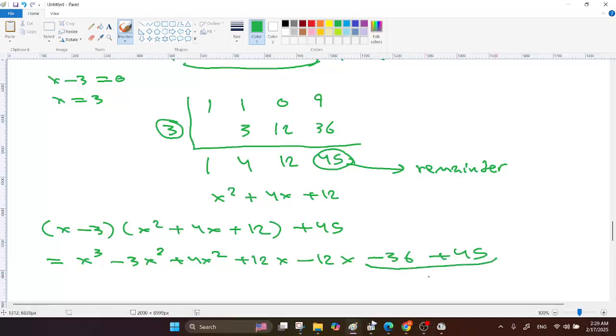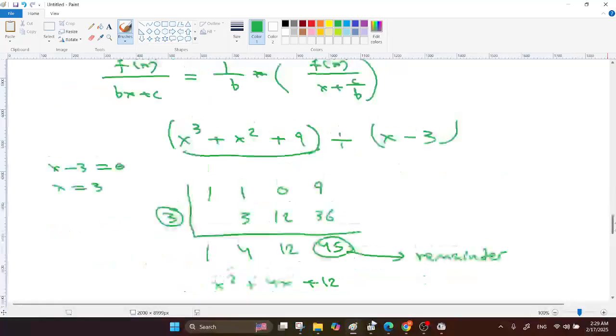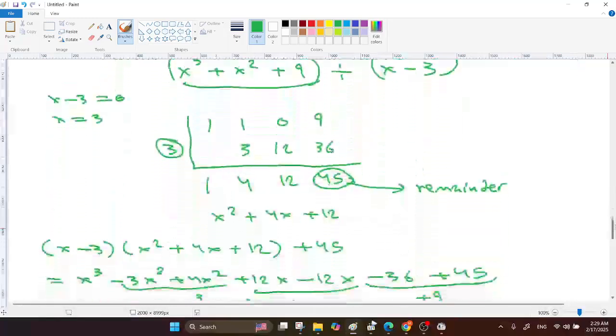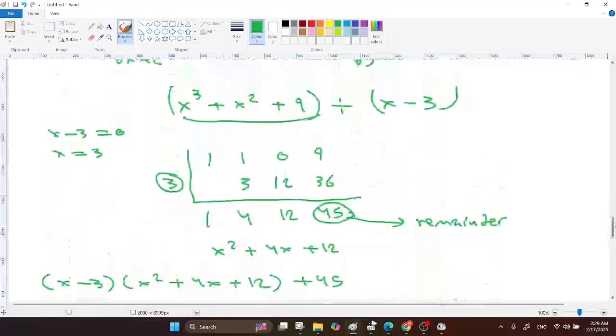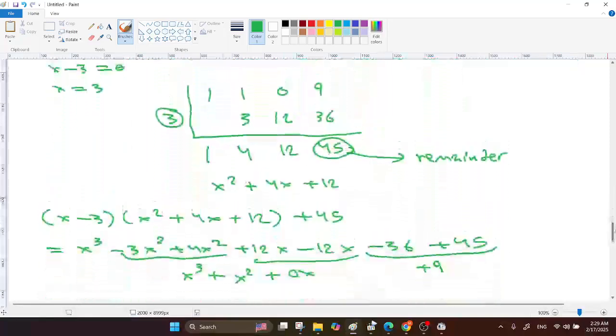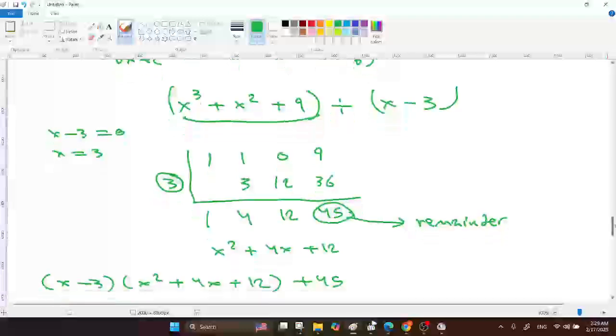The constant term is 9. The x term is 0x. And x squared plus x cubed. So x cubed plus x squared plus 9. Is it true? Yes, it's true. x cubed plus x squared plus 9. So this is synthetic division. Okay.